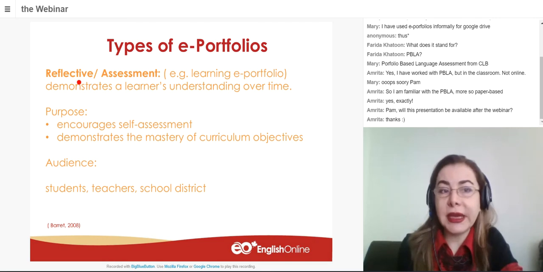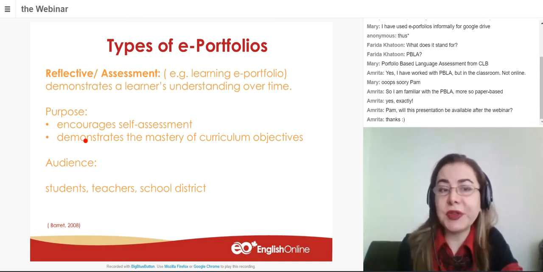The second type is actually reflective, okay? And for the reflective and assessment, they fall under the learning e-portfolio. So you can use reflection as a way of learning, or you can use it as an assessment also as a way of learning.